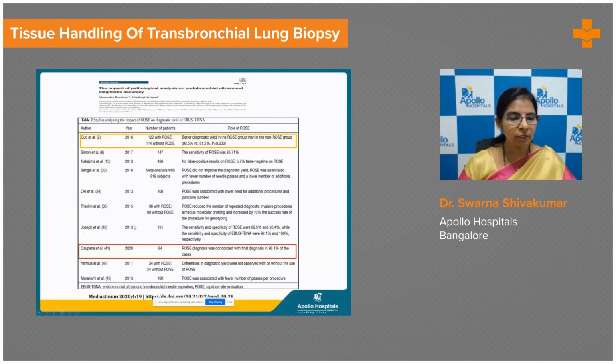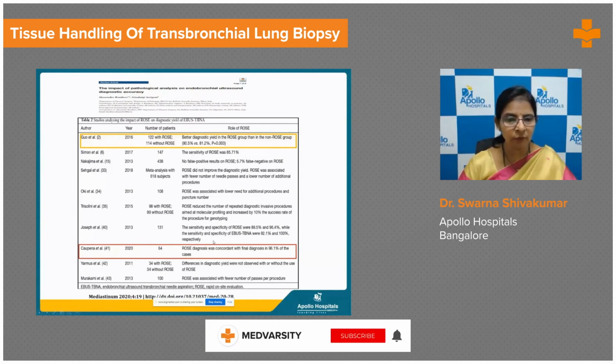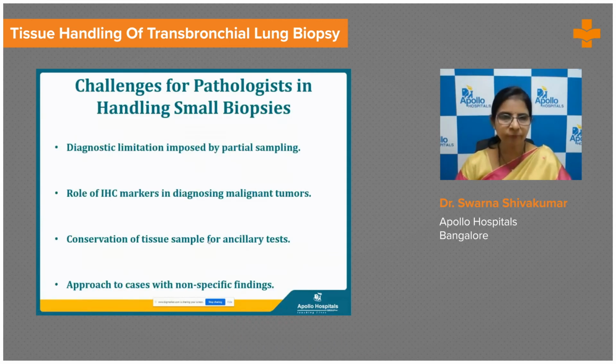And Joseph et al. in 2013 also stated that the sensitivity of EBUS TBNA is about 92.1%, whereas specificity is 100%. So this gives us a clue that EBUS TBNA and ROSE is a very good procedure to analyze the tissue sample and for initial diagnosis.